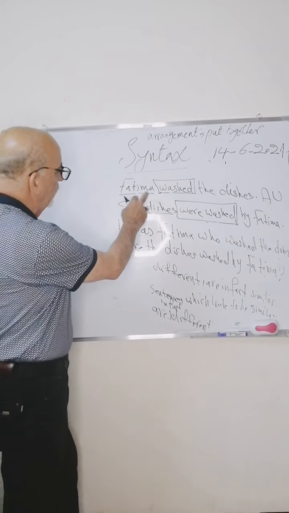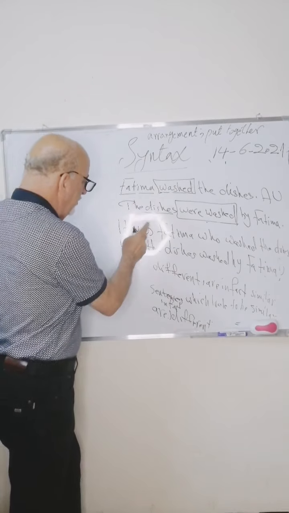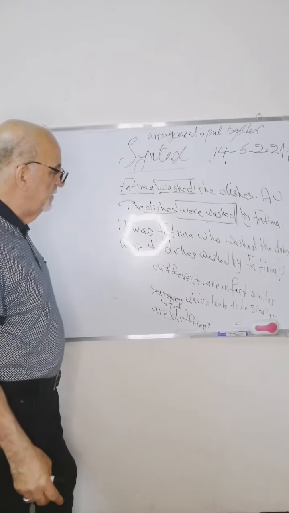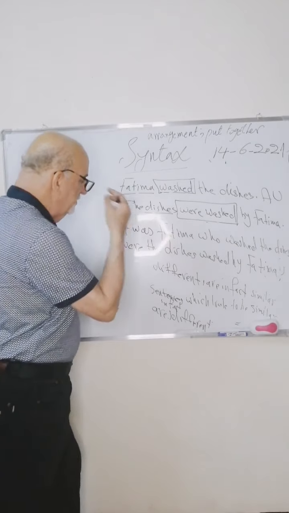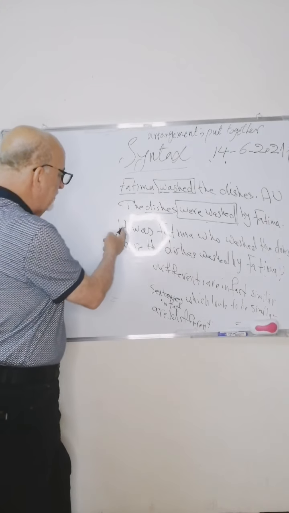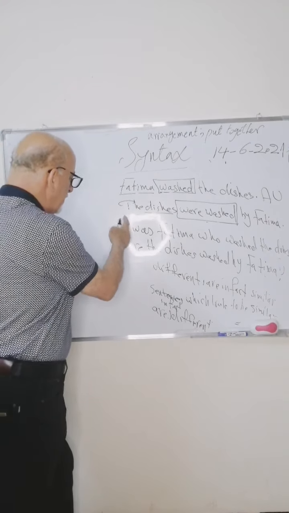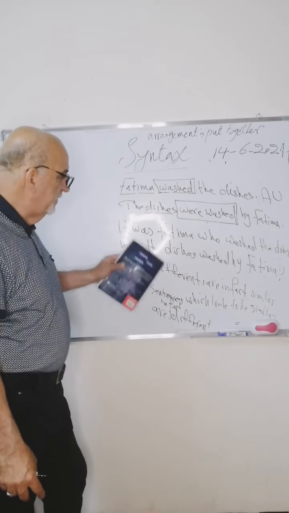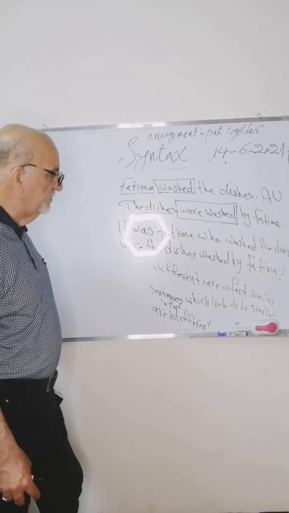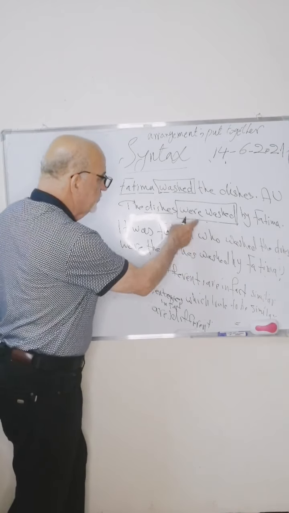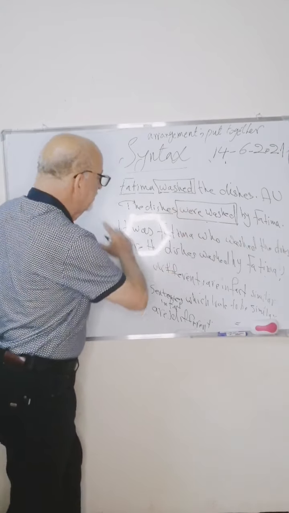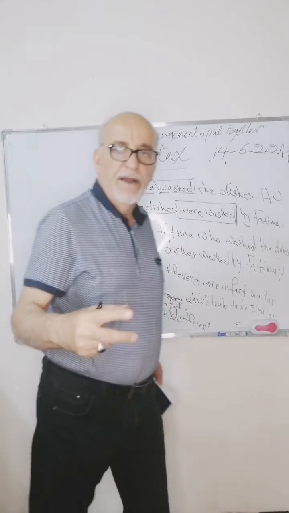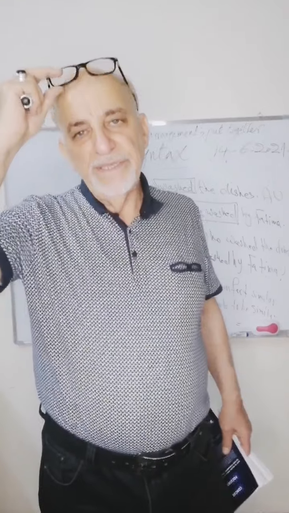So how many structures do we have? The one structure, one, 2, 3, 4. Notice this structure: It was Fatima who washed the dishes. They call this a cleft sentence. The cleft sentence starts with it, and this it they call dummy it. Here, where the dishes were washed by Fatima. So now we have 4 structures. These 4 structures look to be different, but they are what? They are similar in meaning.